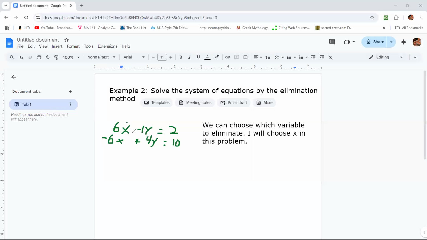Now you can put it in or leave it out, but I suggest when you're learning it to put it in. And then you're going to proceed just like you did before. We're going to add the equations or combine them together.